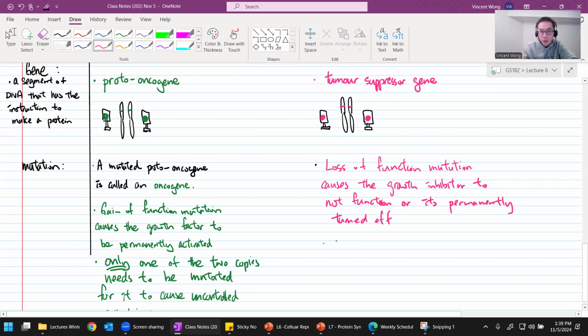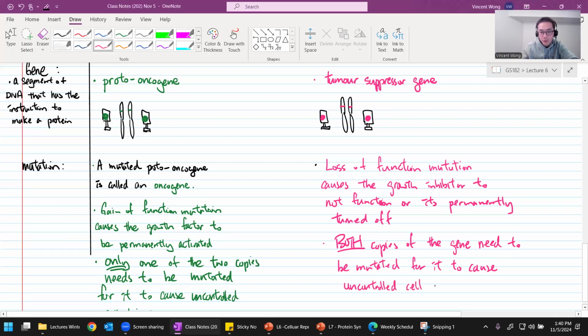In this case, both copies of the gene, both copies of the tumor suppressor gene, need to be mutated for it to cause uncontrolled cell division. Okay.